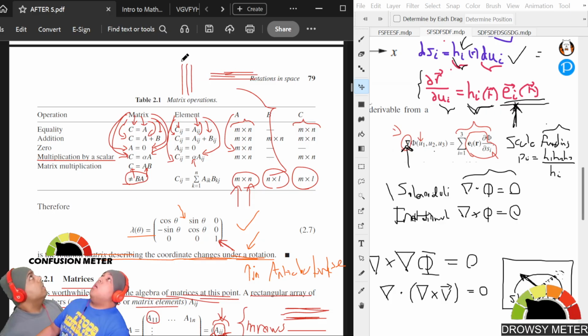The output, we don't care about the rows and columns of A and B respectively; we care about the opposite now. C is m times L, which is the rows of A and the columns of B.